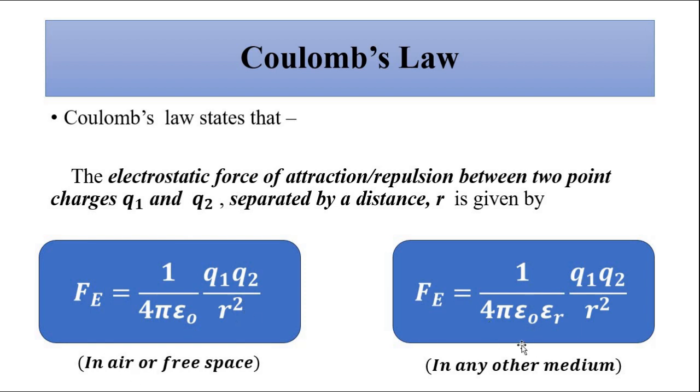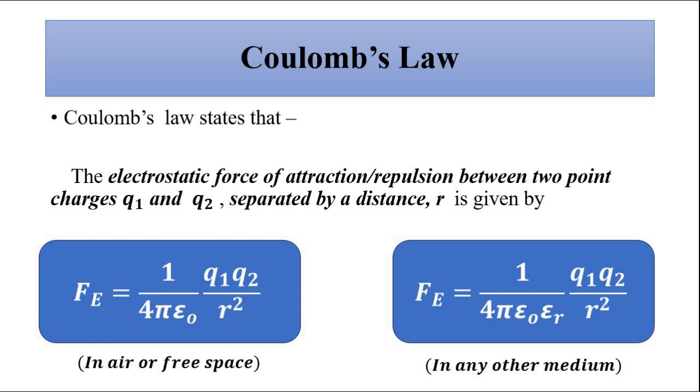If it is in any other medium, then it will be 1 by 4 pi epsilon 0 epsilon r, where epsilon r is the relative permittivity or the dielectric constant of the medium, and epsilon 0 is the absolute permittivity of free space or air. So 1 by 4 pi epsilon 0 epsilon r Q1 Q2 by r square. This is the general sense.